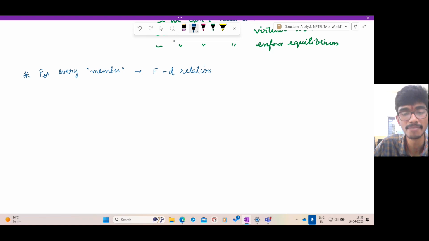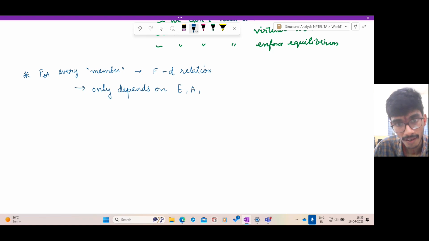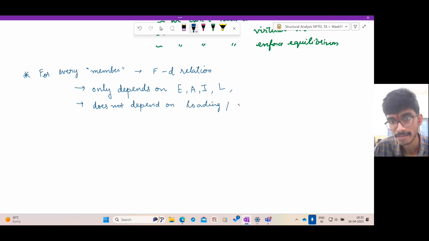But it is completely determined, so it depends only on the cross-sectional properties and the material properties, and of course the length, orientation, etc. But it doesn't depend on loading or the displacements, etc.